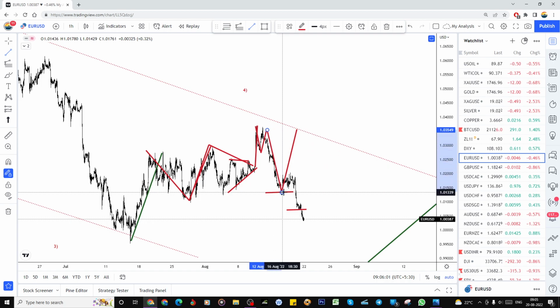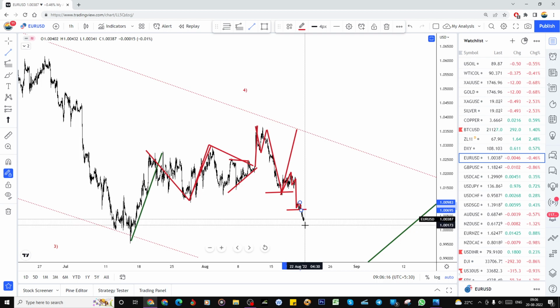Look at the words I'm using: this could be the one, sorry, four, 1, 2, 3, 4 and 5. Once it got completed here, I exited my position. I'm not going to book all the profits here. Here is the 50%, another 50% got completed, and I'm very free. I will sleep well.